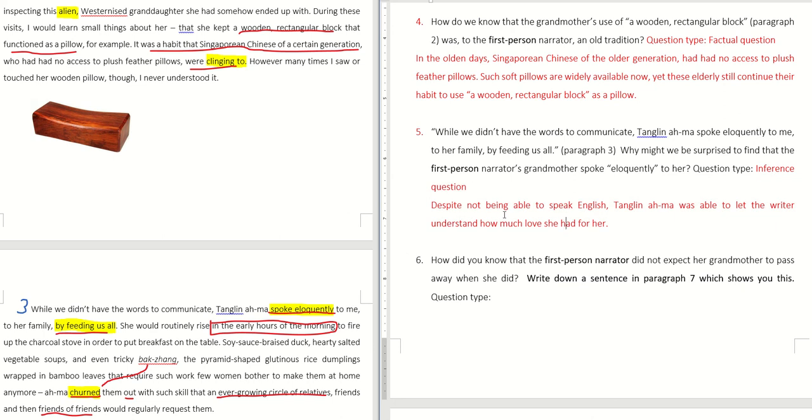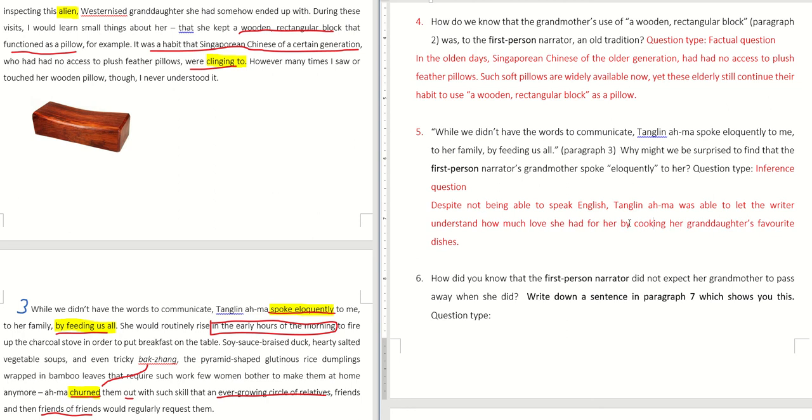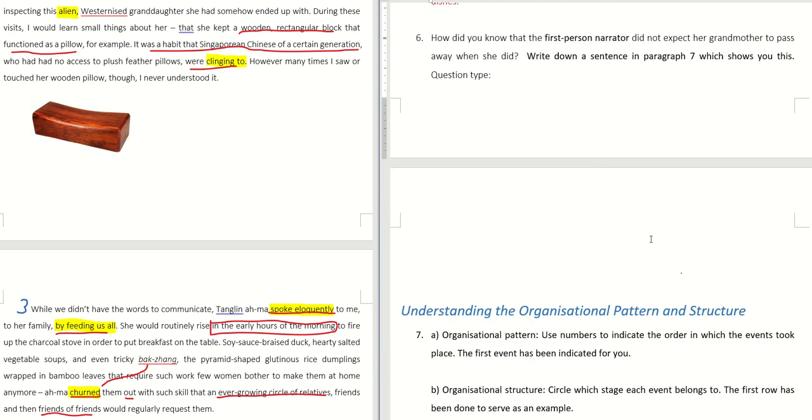Despite not being able to speak English, Tanglin Amma was able to let the writer understand how much love she had for her by cooking her granddaughter's favorite dishes.